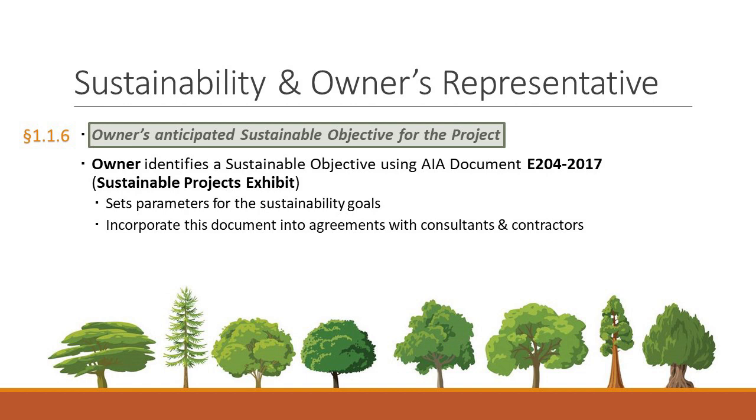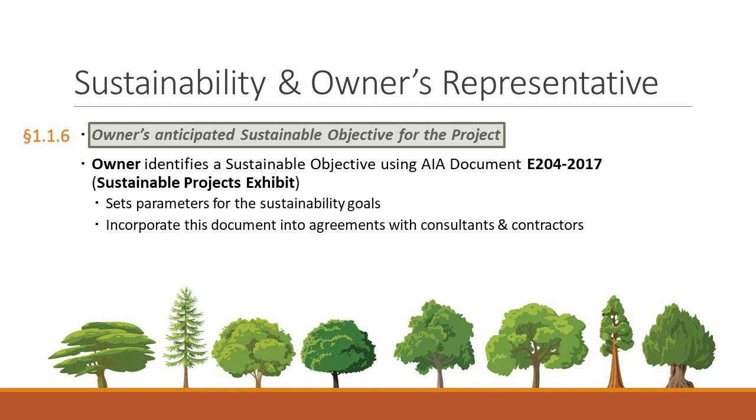So this provision does two things. It creates a conversation between the owner and the architect, so it can come up: should we put it in? And then it puts parameters around it, which is in the next slide. Under 1.1.6.1, if the owner identifies a sustainable objective, we have yet another document, the E204, called the Sustainable Projects Exhibit.